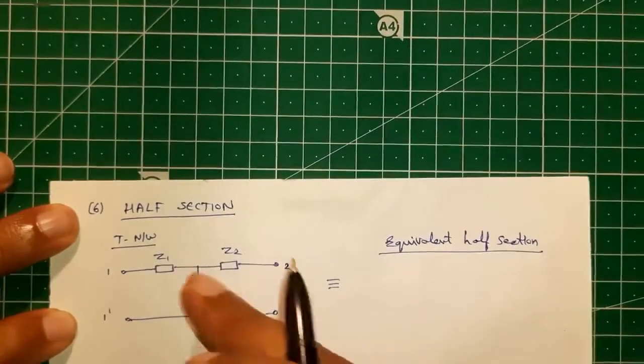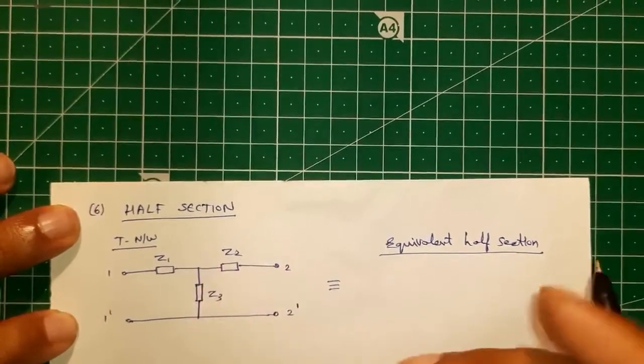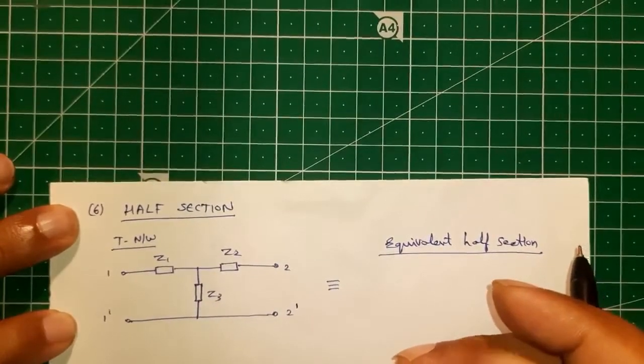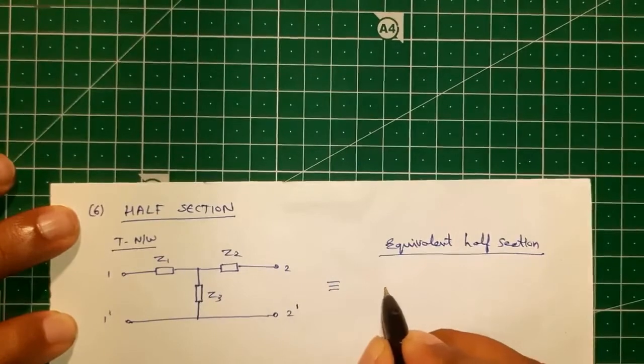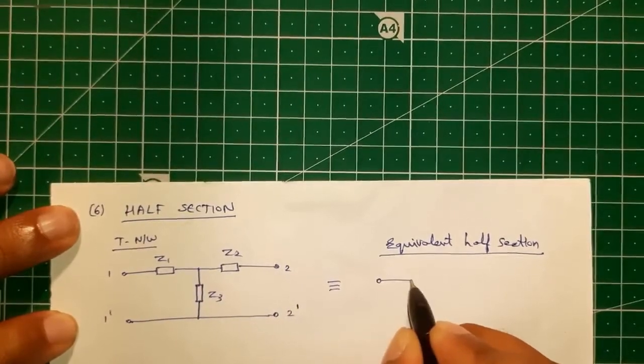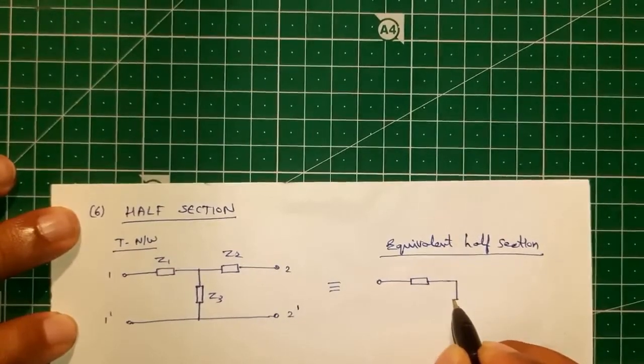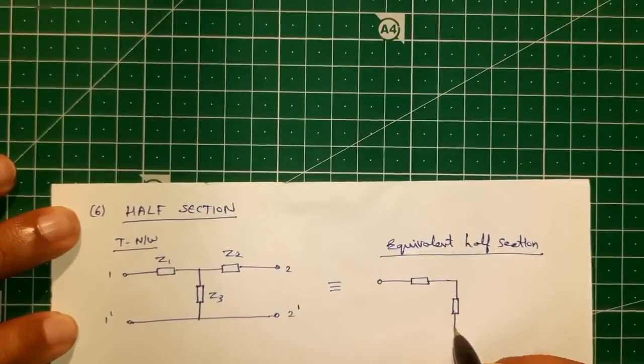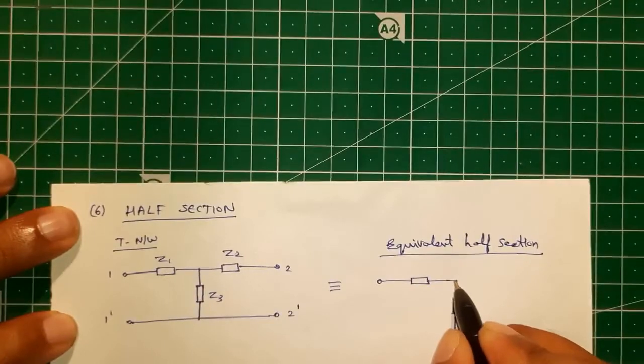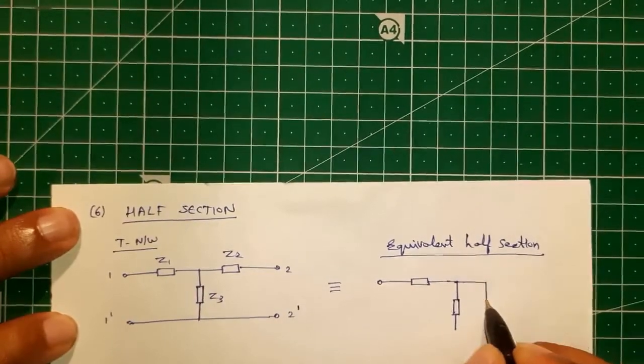How? Let us split this Z3. How can we split Z3? The shunt. So we draw Z3, split like this.